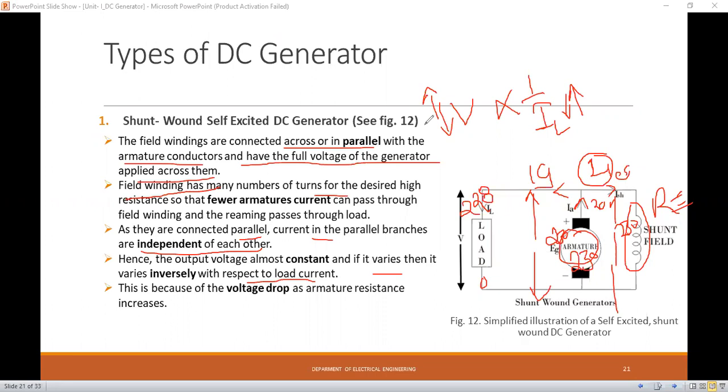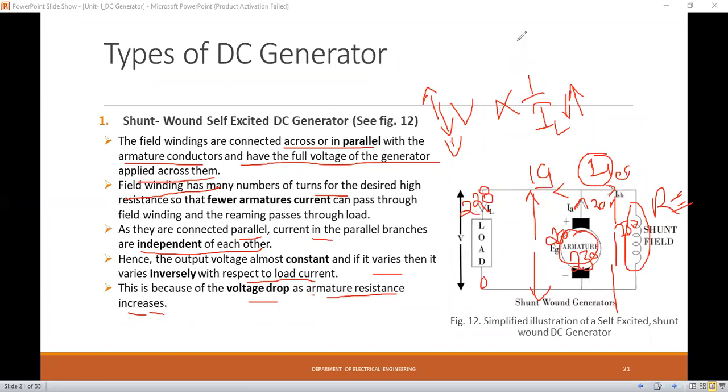If it varies, then it varies in inverse proportion, so that the output power remains constant. So this is because of the voltage drop as armature resistance increases. हे जे काय voltage drop होईल, this voltage drop because of the armature resistance will increase. जर armature resistance increase झाला तर त्याच्यामध्ये drop येईल.